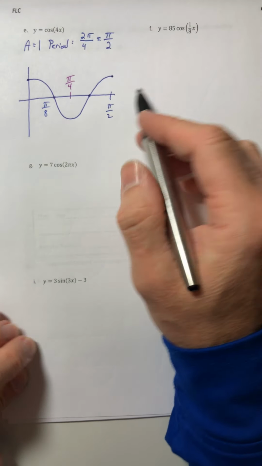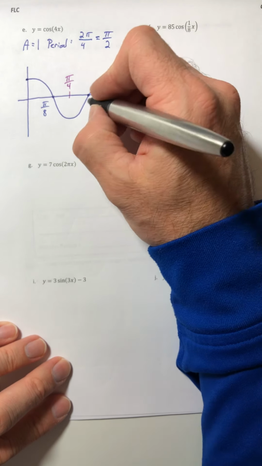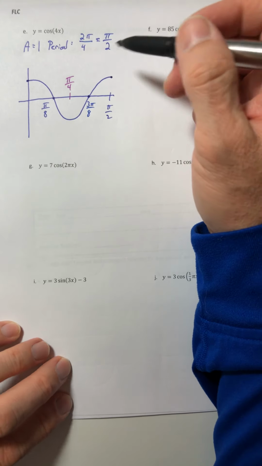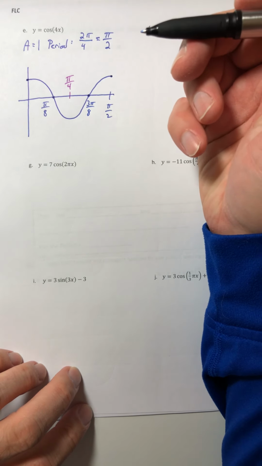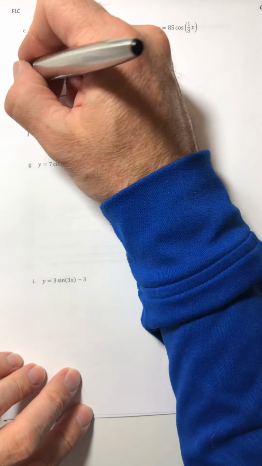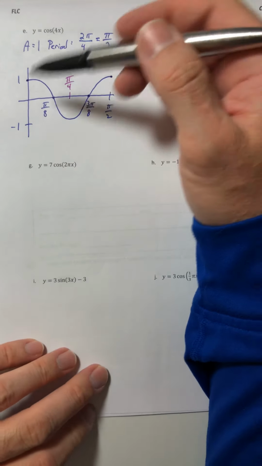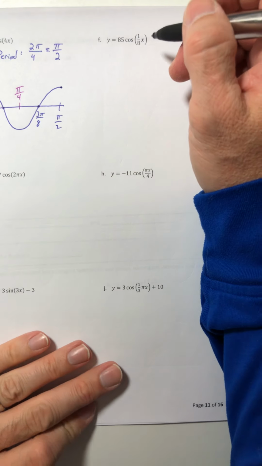Pi over 8. And in between pi over 4 and pi over 2, that would be 3 pi over 8. If you're wondering how to figure out what's in between them, just take an average: add the two numbers together and divide by 2. And it bounces between 1 and negative 1.